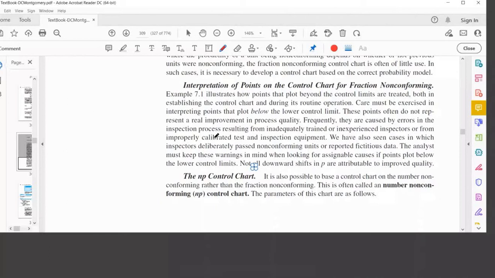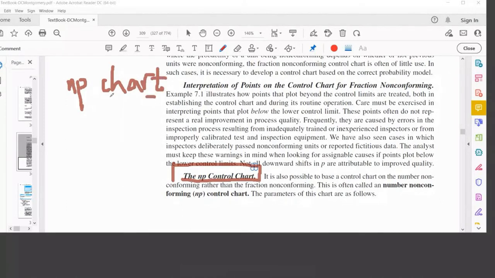NP chart. What is NP chart? Previously we studied P chart. Now NP chart. If we see NP, N is sample size, P is proportion, so it is going to give a number of non-conforming.